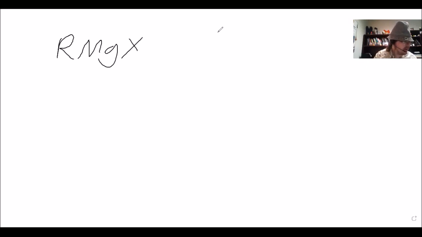This nucleophile will attack any acidic region, whether this is a Lewis acid or just an Arrhenius acid or Bronsted-Lowry acid. It will attack any sort of acidic region.